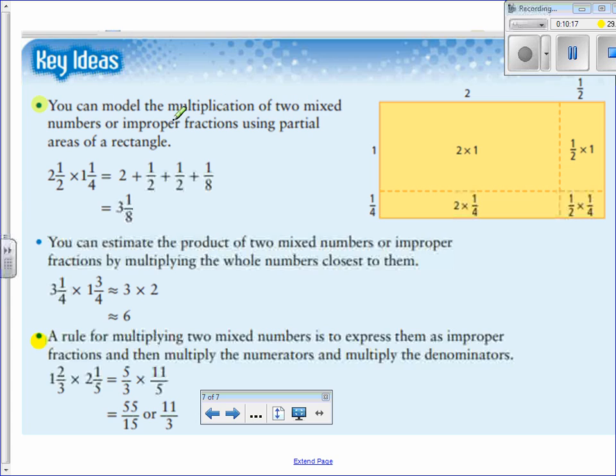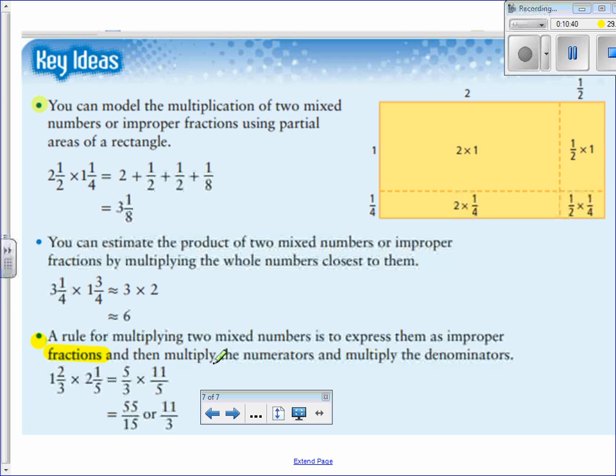So each one of these is a partial area. And the eureka moment you were supposed to have, hopefully, was that a rule for multiplying two mixed numbers is to express them as improper fractions first, which was the way that Jade showed us yesterday, and then multiply the numerators and multiply the denominators, just like you would with proper fractions.